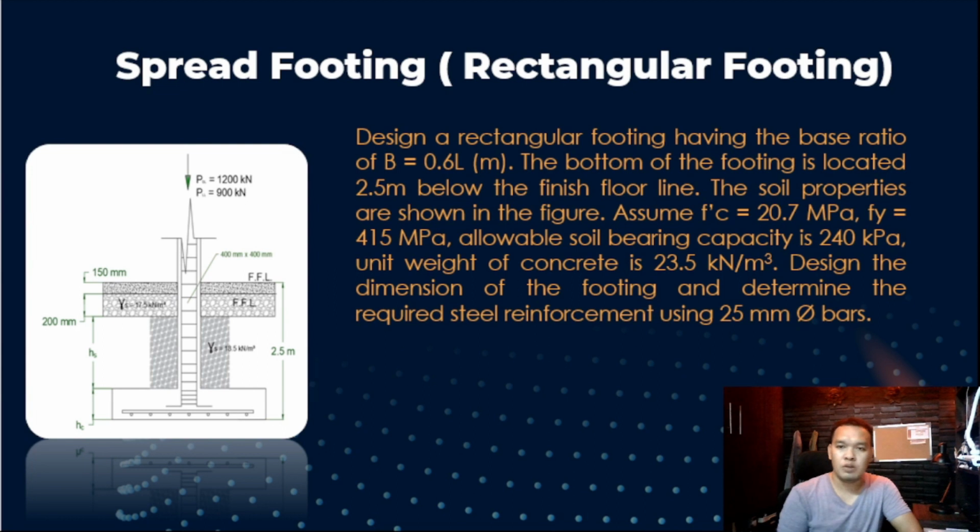Then after natin makuha yung actual dimension, we will be getting the ultimate soil bearing capacity, which is the QU. After makakuha si QU, solve natin si effective depth by shearing or one-way shear or two-way shear or the punching shear. After natin makuha yung D, we will be choosing the effective depth, which is pasok doon sa dalawa, no, na kayang mag-resist ng shearing at saka punching.